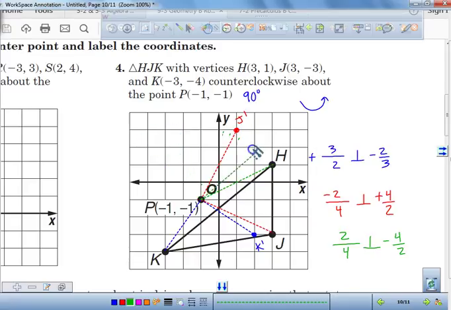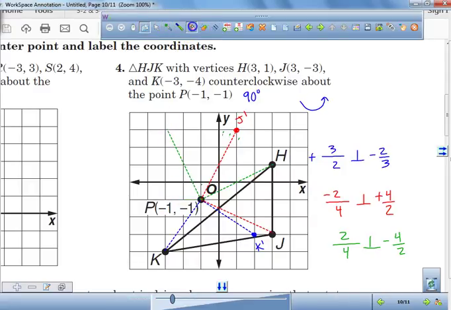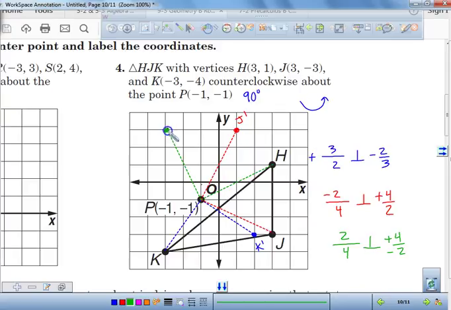Okay? So what we have to do is you're going to go over 2 and up 4. You're like, wait a second. You said negative 4 over 2. But you know what you can also do? You can also go up 4 and negative 2 to the left. That's the same. So you go from here to right here. Well, here I put a plus. Right. That just stays, right?